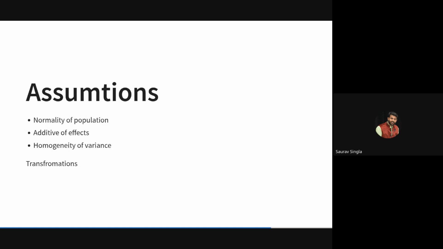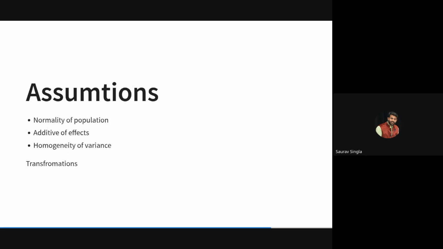What is the assumption saying? That when you were taking the observations of n number of units for treatment 1, the observations were a sample out of a normally distributed population.